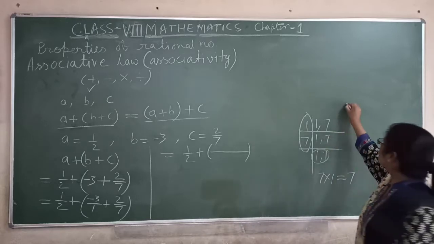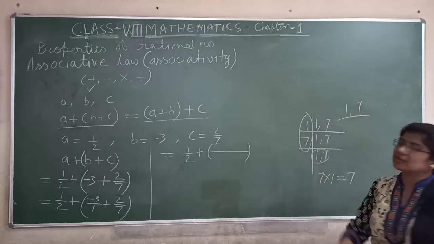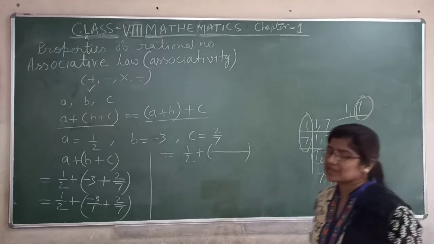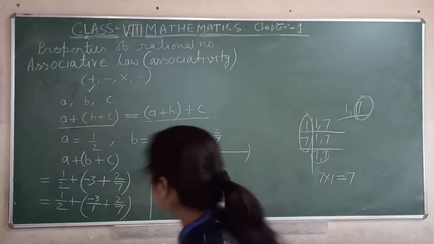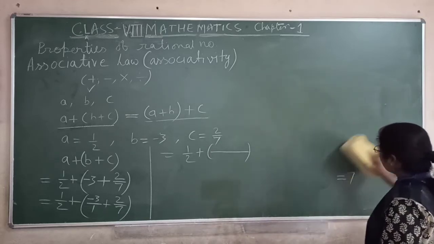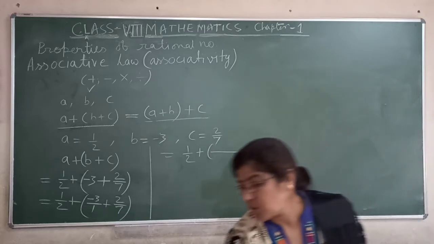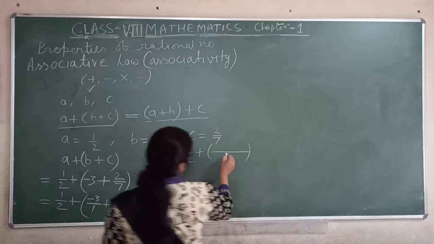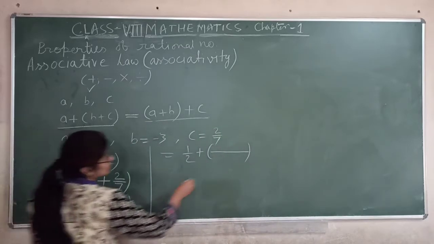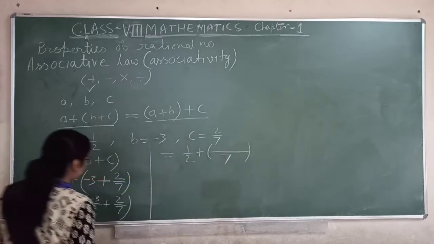Or directly, if you have 1 and any other number, the greater number will always be the LCM. LCM means least common multiple. So the LCM will be 7.